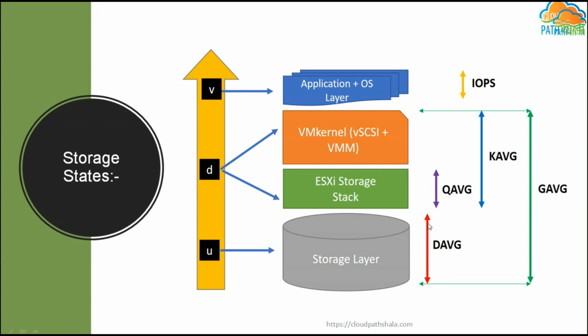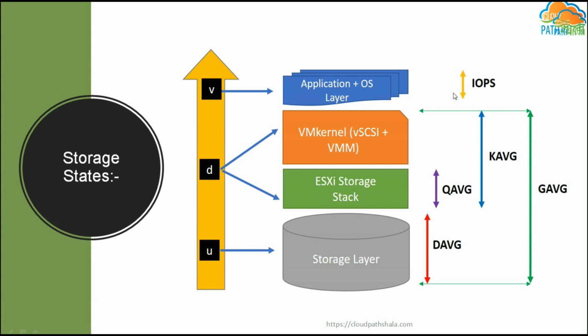DAVG resides at the physical layer and shows the output of the storage layer. But Q average and K average are part of your ESXi. And here, this arrow shows the VM kernel vSCSI, and this arrow shows the ESXi storage stack.